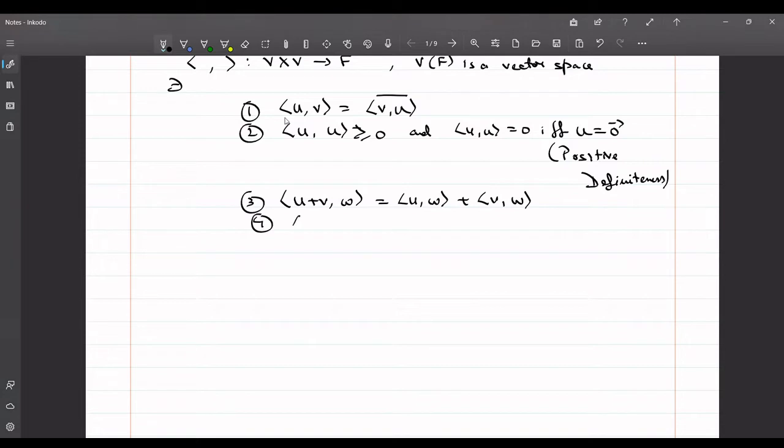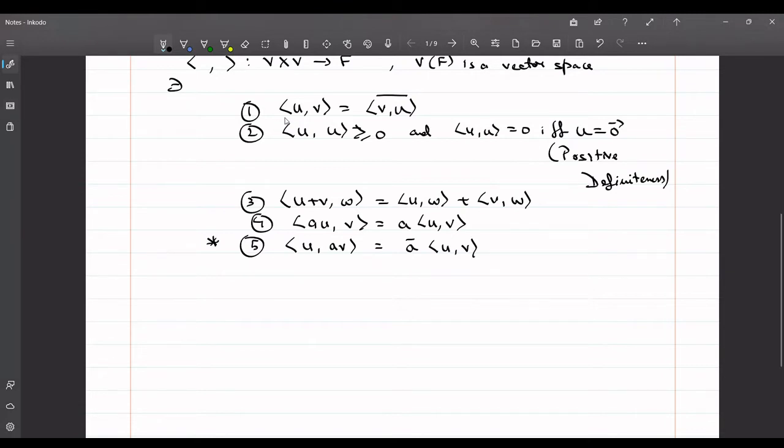And number 4: the mapping of (AU, V) equals A times the mapping of (U, V). Number 5: there is one more point, which is the mapping of (U, AV) equals A conjugate times the mapping of (U, V).